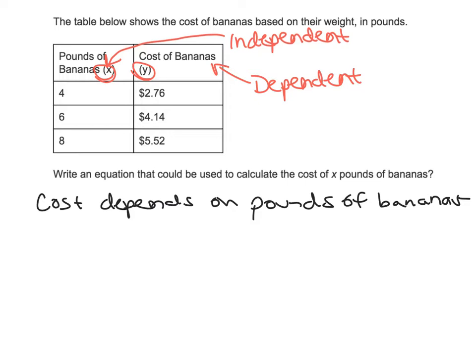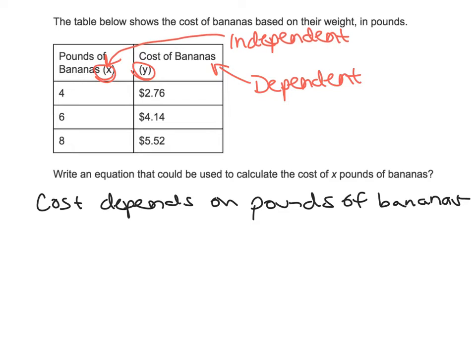Okay, so to figure out how we can write this equation, it's helpful for us to first recognize that this is going to be a proportional relationship. So in other words, we need to have a common multiplier that we're using over and over.